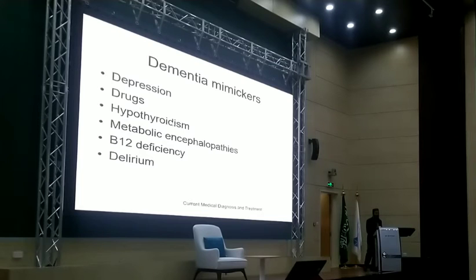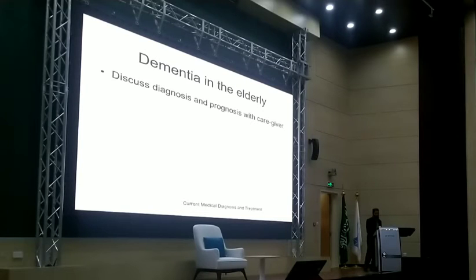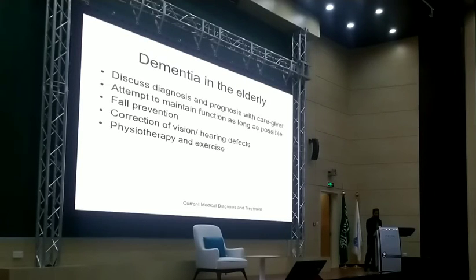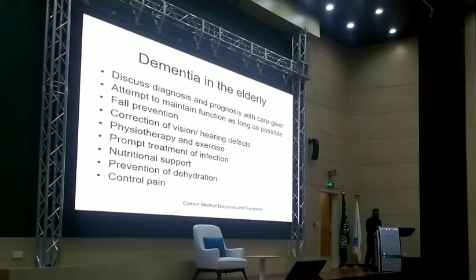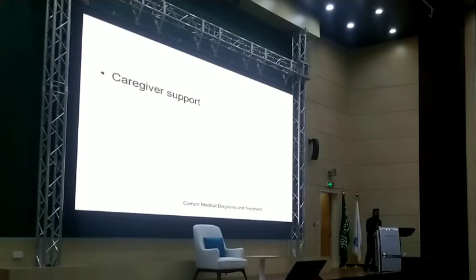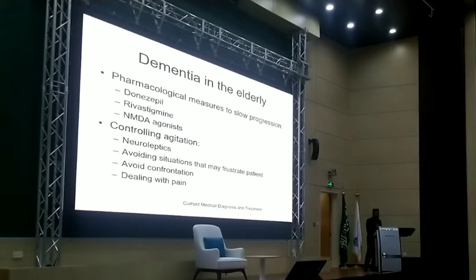Hypothyroidism can also mimic dementia. Vitamin B12 deficiency and delirium can also mimic dementia. So you need to diagnose the patient, you need to act on fall prevention, nutritional support, all these assessments that we discussed, you are going to give these patients with dementia. These are some of the medications that you can use to decrease dementia.